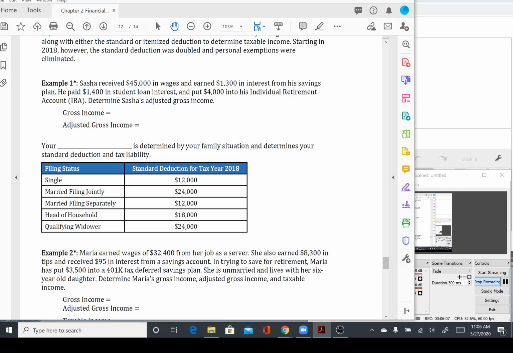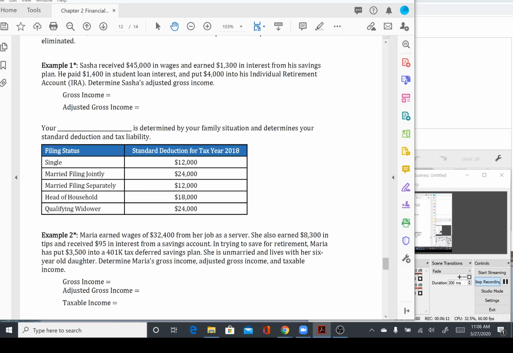So let's review that vocabulary real quickly with example 1. Sasha received $45,000 in wages and earned $1,300 in interest from his savings plan. He paid $1,400 in student loan interest and put $400 in his individual retirement account called an IRA.